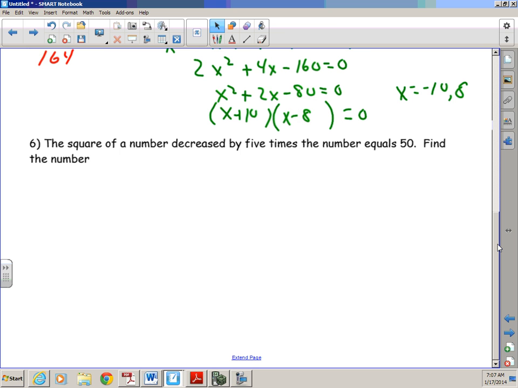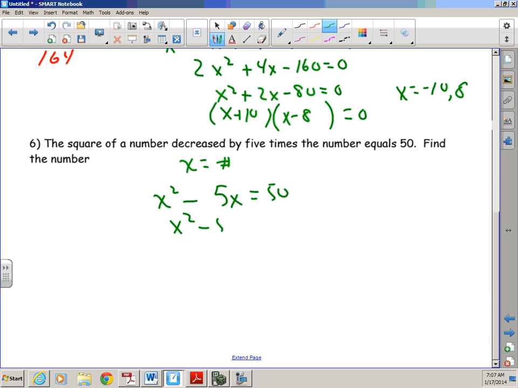Okay? And then lastly, the square of a number decreased by 5 times the number is 50. So x is the number. The square of a number decreased by 5 times the number equals 50. Bring everything over. Factor.